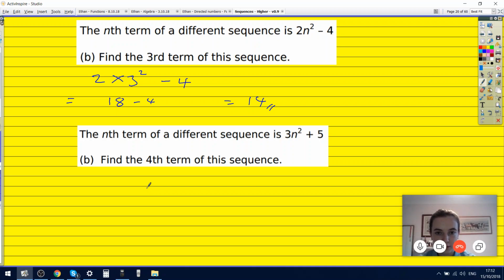And then 4 times 3 times 4 squared plus 5, which is 3 times 16 plus 5, which is 48 plus 5, which is 53.